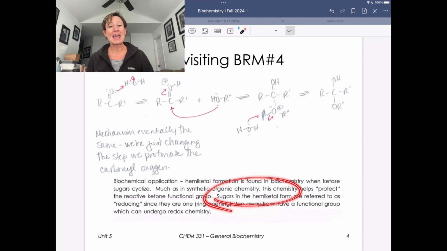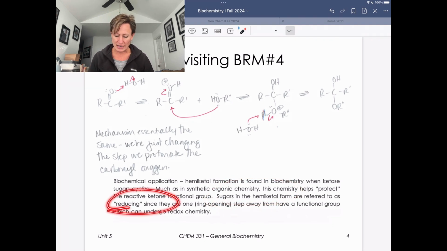So sugars that are in that hemi form, hemiacetal or hemiketal, are referred to as reducing, since they are one ring opening step away from having a functional group which can undergo redox chemistry. That terminology is going to become important for us moving on, understanding whether a sugar is a reducing or non-reducing sugar. We'll use the analogy of tying your shoelaces and then double knotting them.